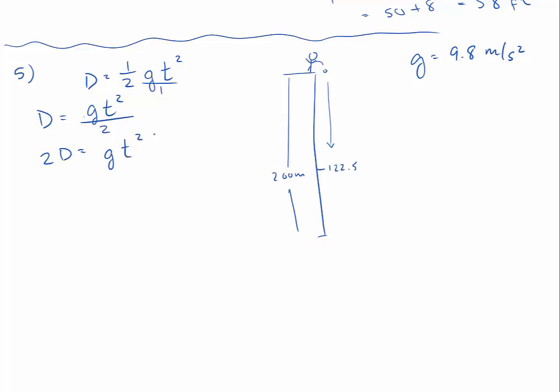If you did that from the first equation without changing it into this one, that's absolutely okay. I like to do that just to show where I'm going, but as long as you get to 2d equals gt squared, we're good. The next thing I need to do to solve for t is divide by g. So now I have 2d divided by g is equal to t squared.